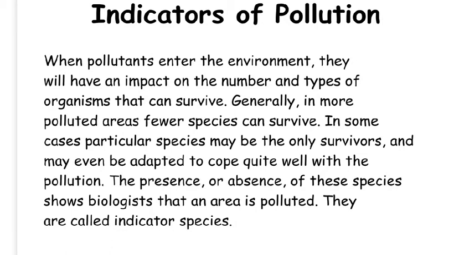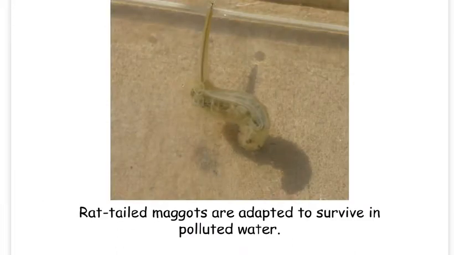Generally, in more polluted areas, fewer species can survive. In some cases, particular species may be the only survivors, and may even be adapted to cope quite well with the pollution. The presence or absence of these species shows biologists that an area is polluted. They are called indicator species.